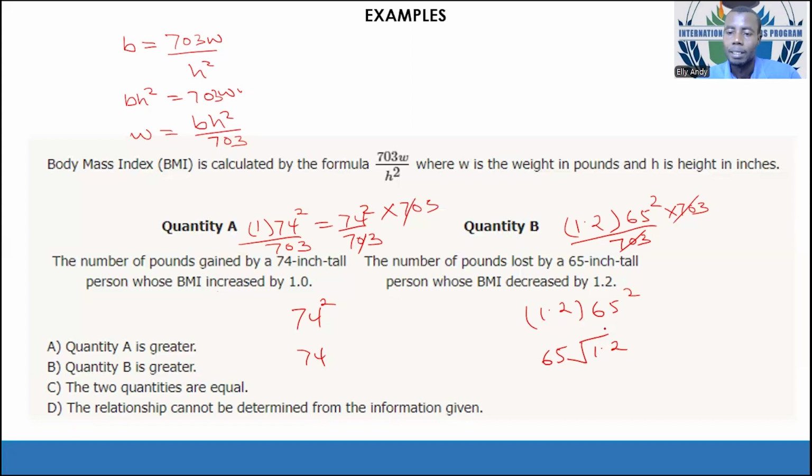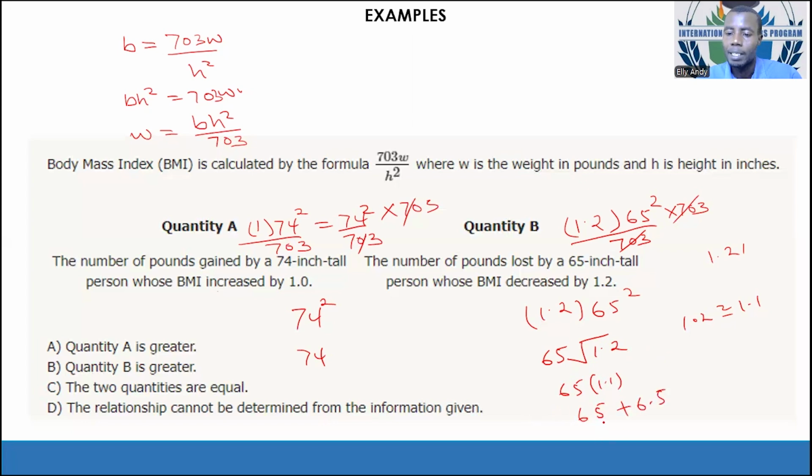Now, again, let's use approximation. The square root of 1.2 is approximately 1.1 because 1.1 squared will give you 1.21. So we can say that this is 65 times 1.1, which will be something like 65 plus 6.5.